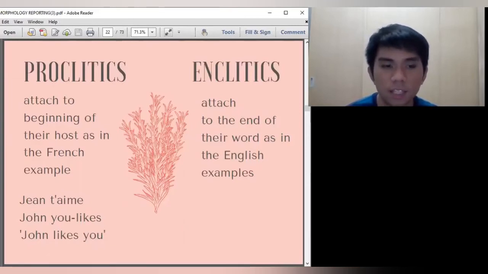This is an example of a proclitic, while enclitics are clitics that we attach to the end of the word, and these are prominent in the English language.